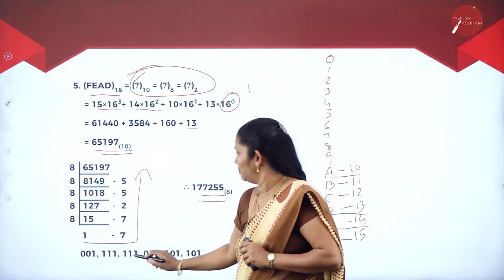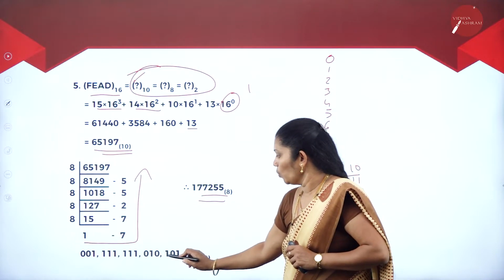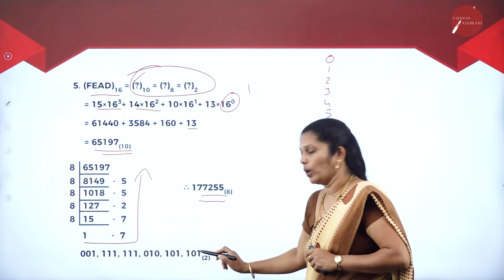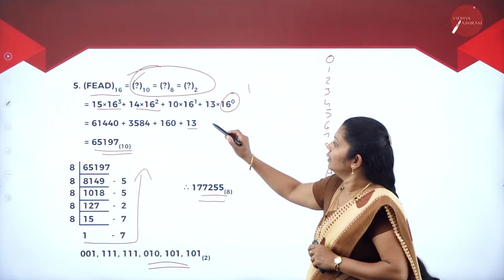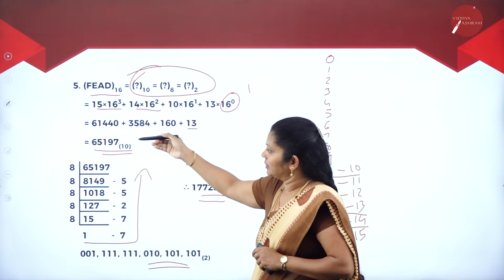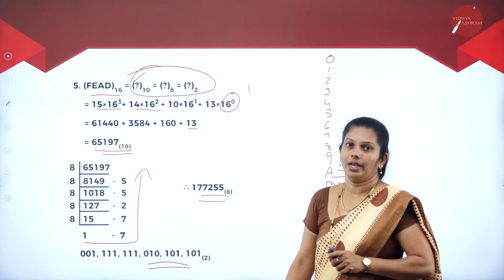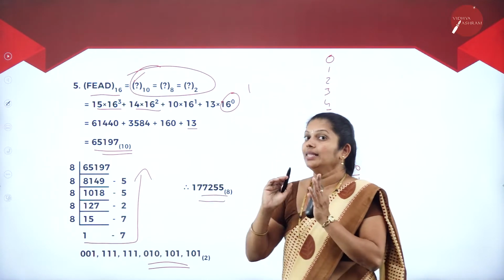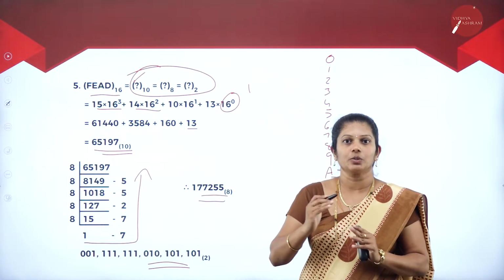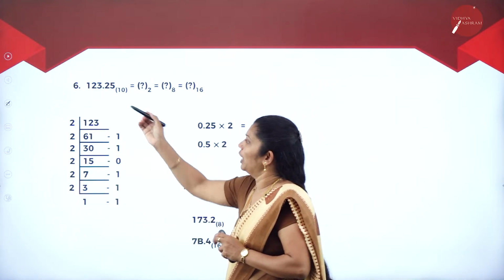Once again 7, 111. For 2, 010. For 5, 101. For 5, 101. That's the binary number. If you want, you can use the hexadecimal number, decimal number, or octal number to write the equivalent binary number. While writing, write down the equivalent 3-bit binary numbers to get their equivalent binary values.